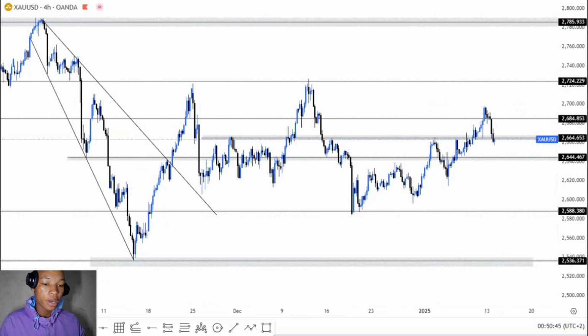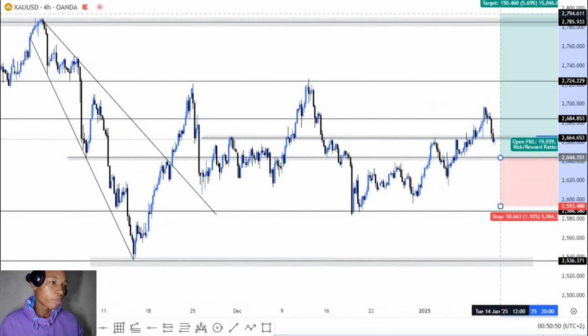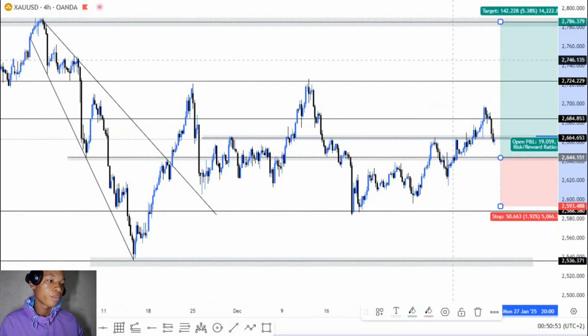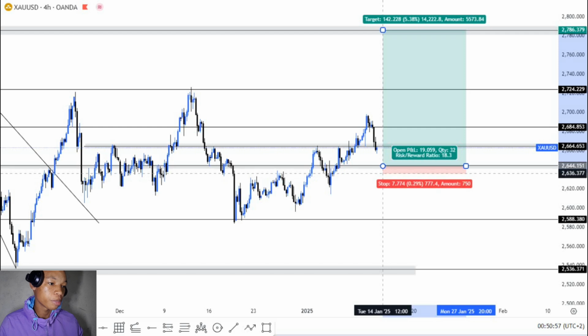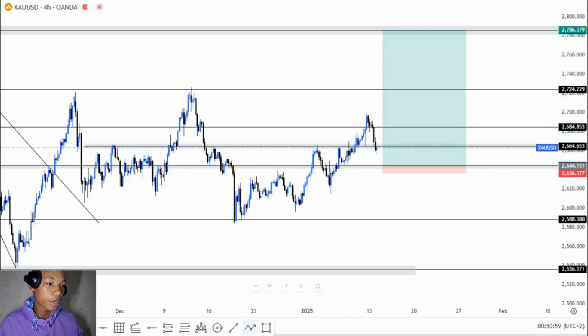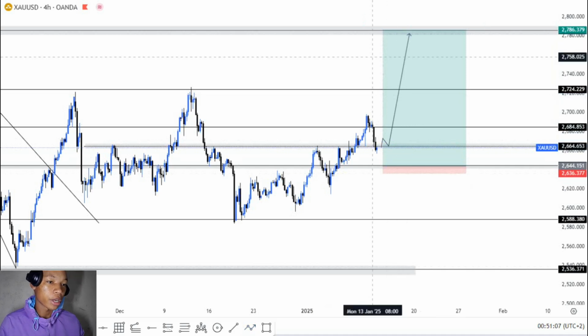But then our current entry point can just be at this certain level going to the top. Then our stop loss can just be below there, unless the market is going to just break back into the zone, come retest, and then we'll just enter the retest level and continue with those beautiful buys, guys, right?